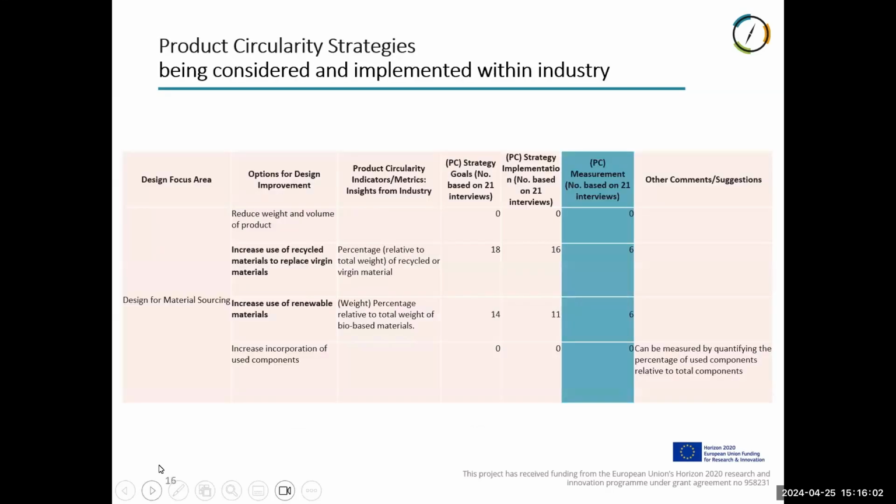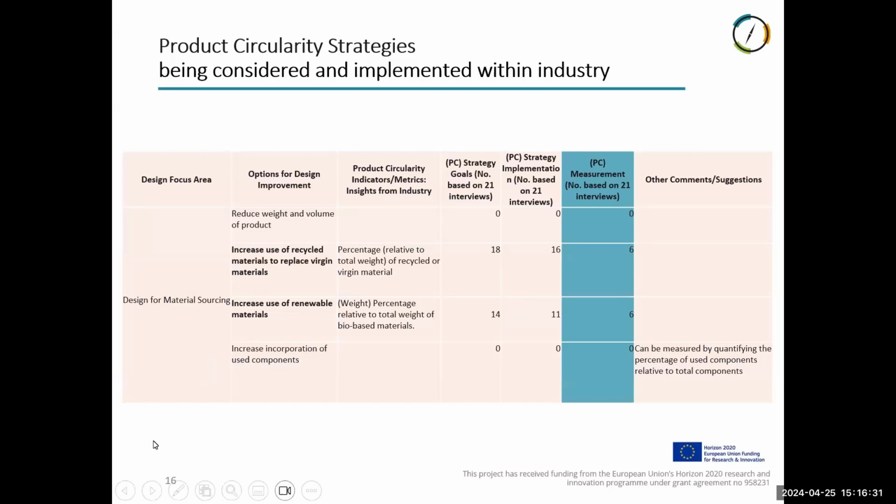Next slide, please. In terms of the product circularity strategies being considered, implemented, and measured within industry, we found that the use of recycled materials to replace virgin materials and increasing the use of renewable materials were the most common strategies or goals.